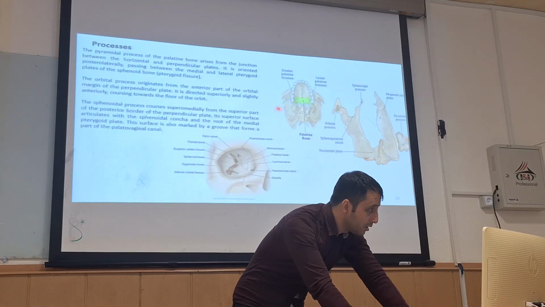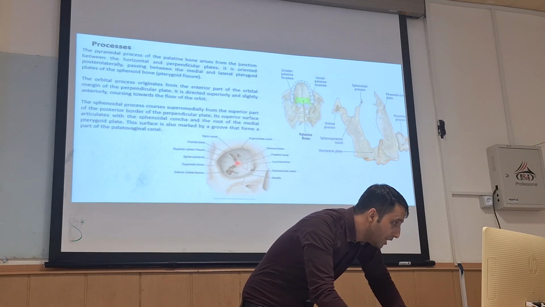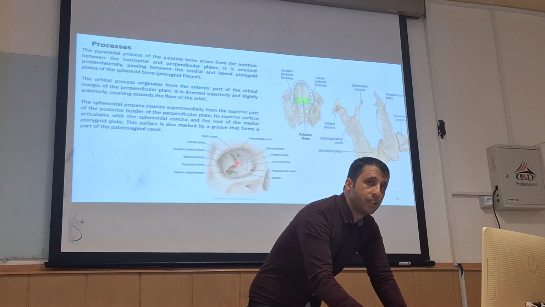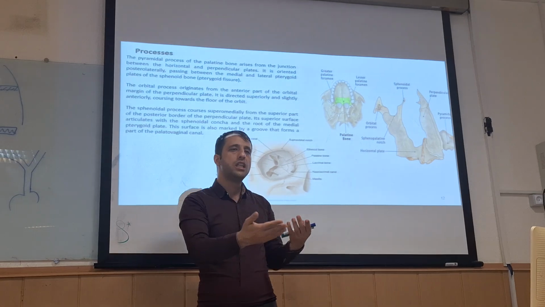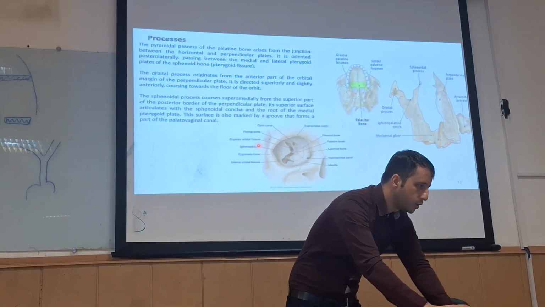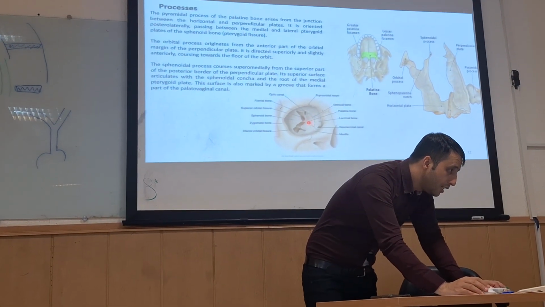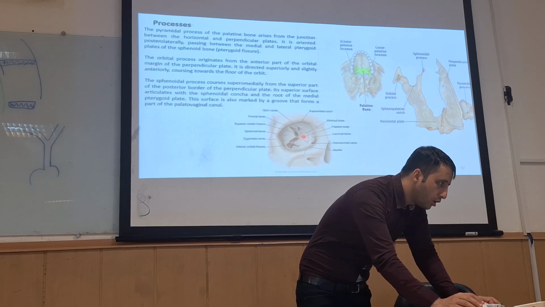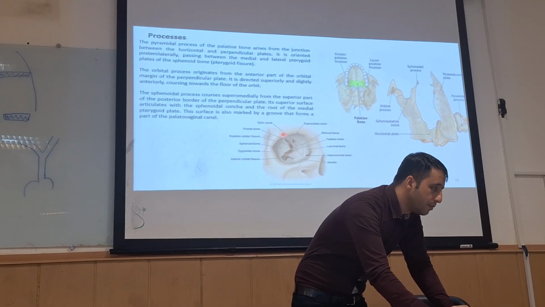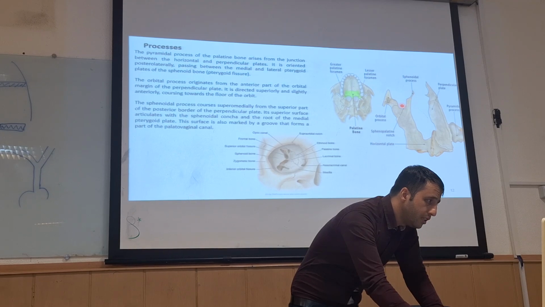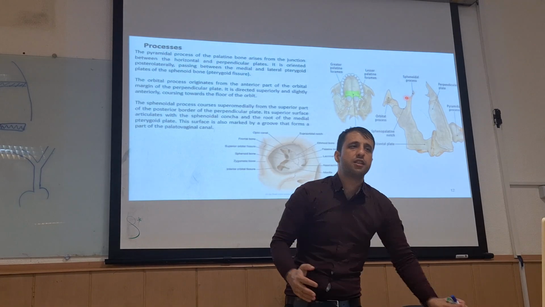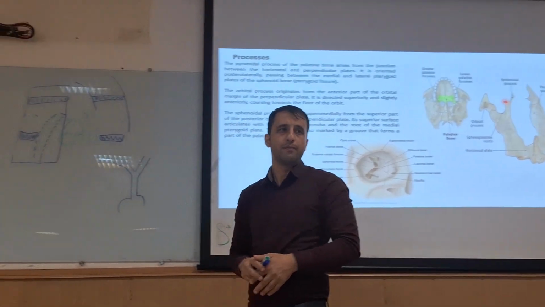The anterior process, look at here, makes a small part of the floor of the orbital cavity. So it is named the orbital process. A small part of the floor of the orbital cavity. We have a notch between these two processes, which is named the sphenopalatine notch.